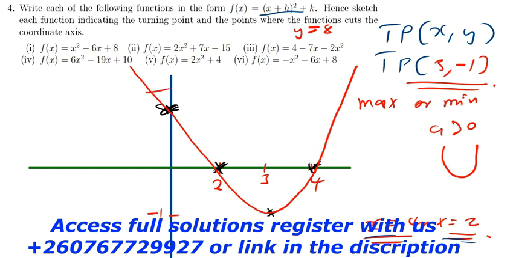So this is the graph of f(x) equals x squared minus 6x plus 8. Let me teach you something in advance here. In case you come across the same question, what if they put a modulus? I don't want you to come and tell me that I didn't teach you how to sketch this when there's a modulus.